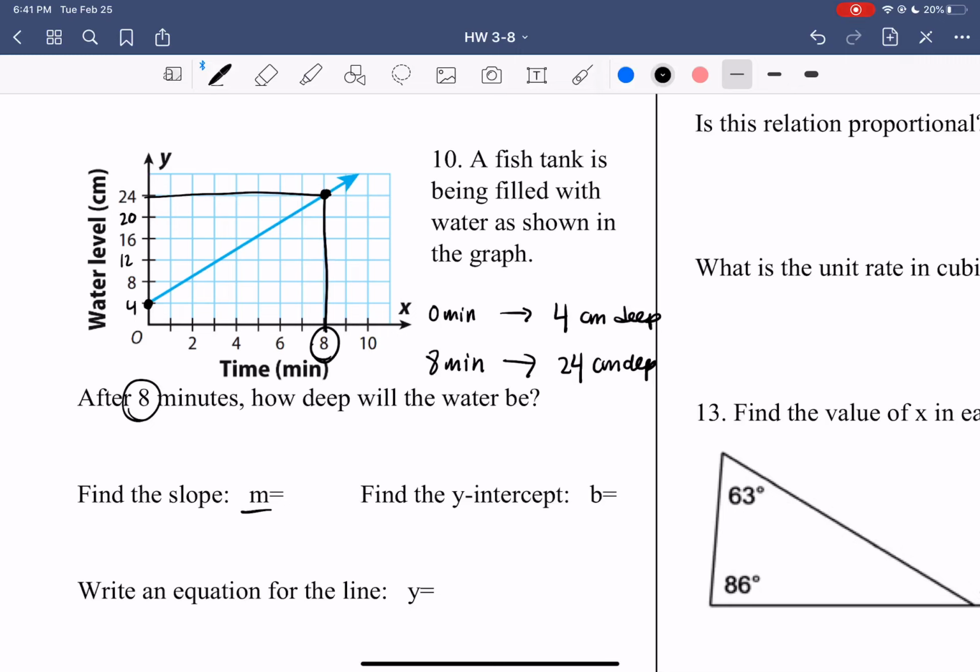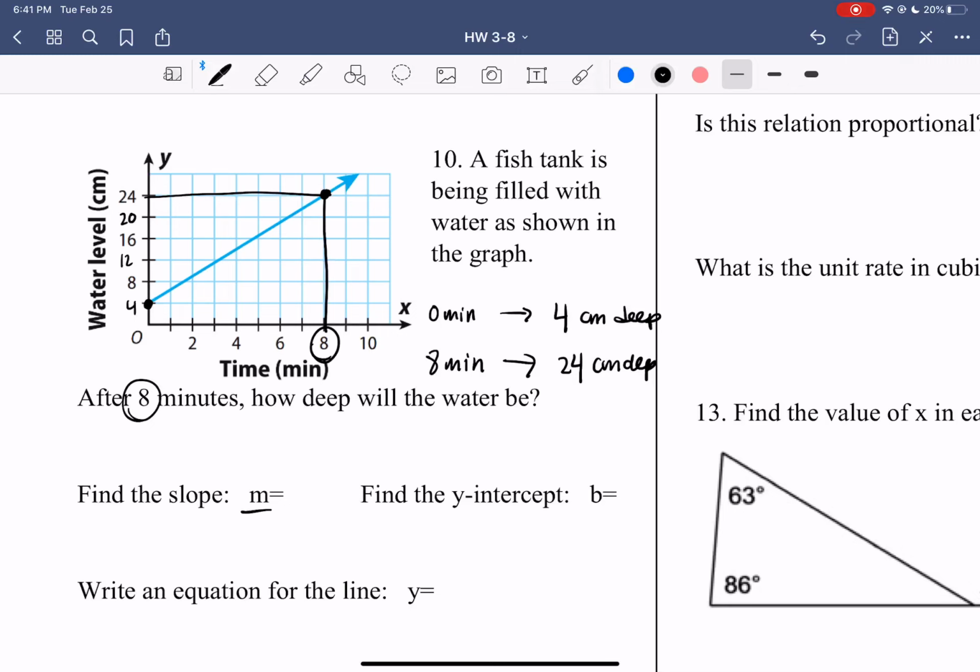What does the slope mean in the context of this problem? So the slope of this line here is how deep the water is each minute.